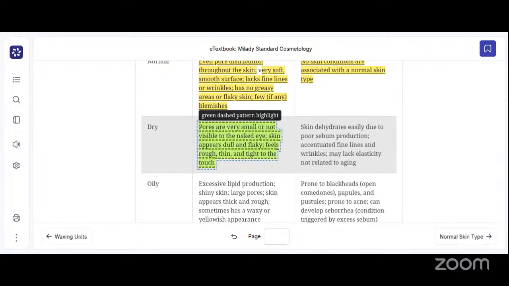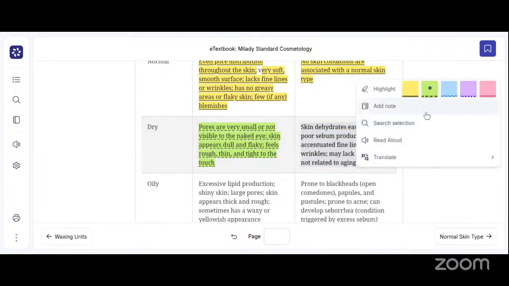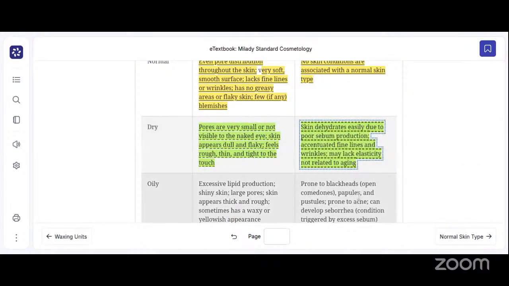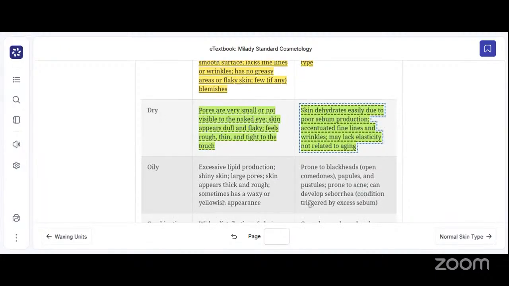You'll start to see some wrinkles. May lack elasticity, not related to aging. So the skin can be perceived as very tight. And here's another thing: when that skin is very tight, it becomes itchy. So you may have an irritation.